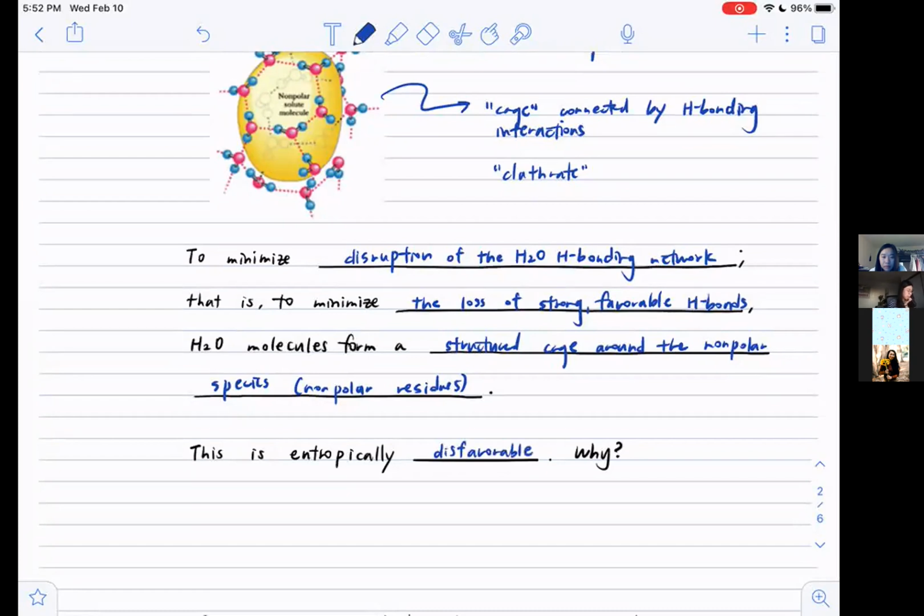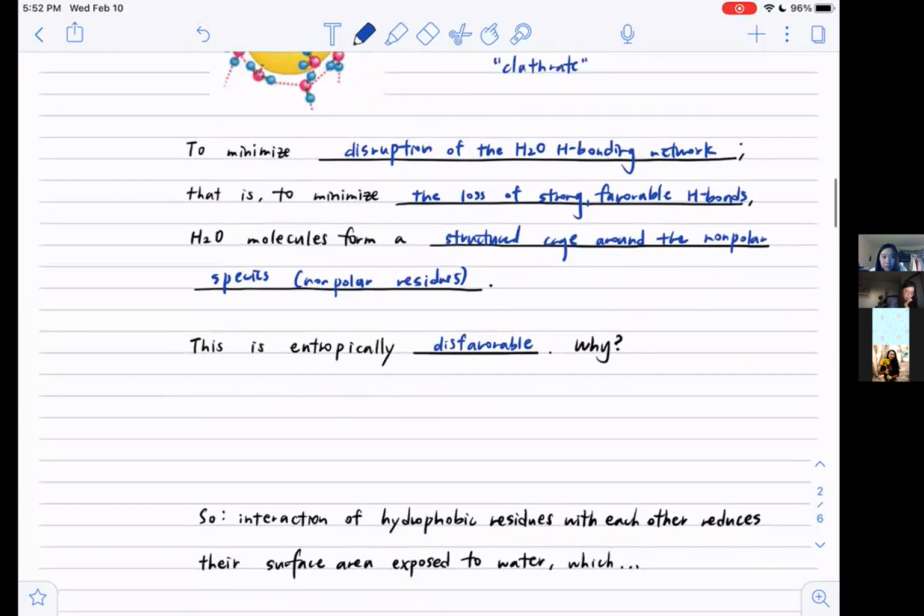And why is this the case? Well, when water is physically constrained in this cage, it can't rotate or move without disrupting its hydrogen bonding.